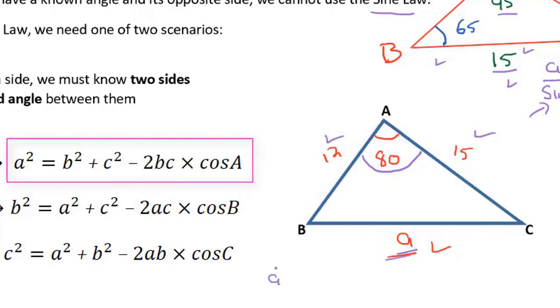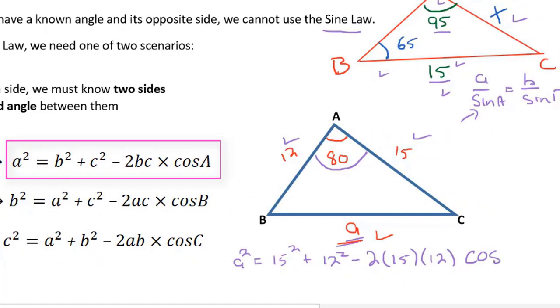To calculate A, we start off with a squared equals b squared, and in this case b is 15, so it's going to be 15 squared, plus c squared, and c is 12, so it's going to be 12 squared, minus 2 times the length of b, which is 15, times the length of c, which is 12, times the cosine of angle A, which is 80 degrees. Now, we just have to figure out how to type this into our calculator, take the square root of both sides, and we can determine the length of A.